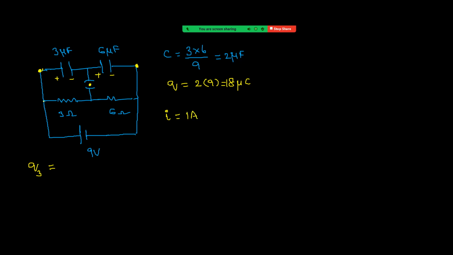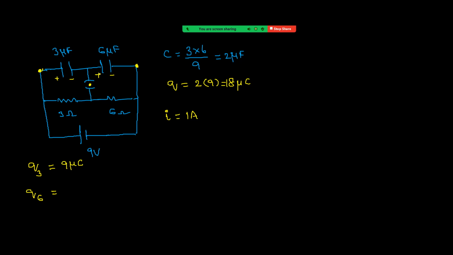So the potential difference across the 3 ohm resistor is 3 volt, and the charge on the 3 microfarad capacitor is 3 into 3, which is 9 microcoulomb. See carefully, initially the charge was 18, now it is 9.